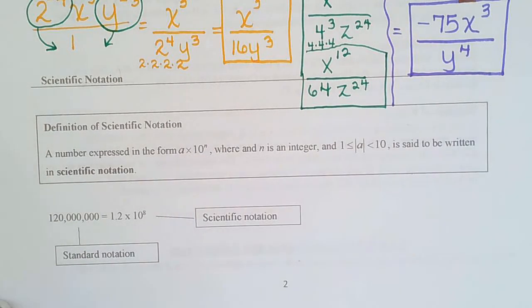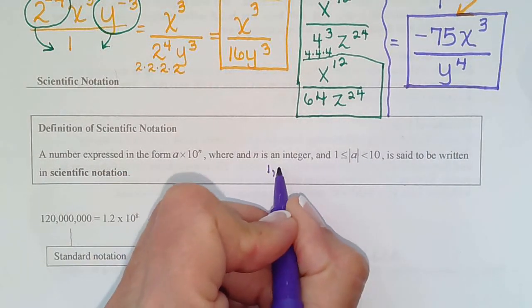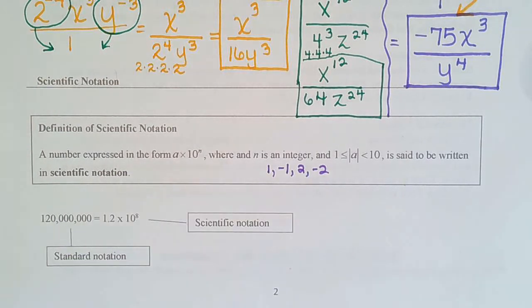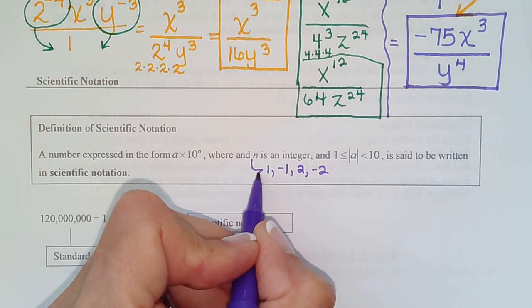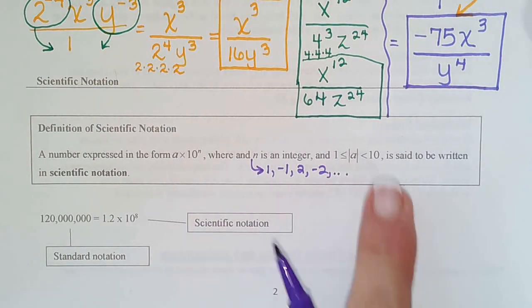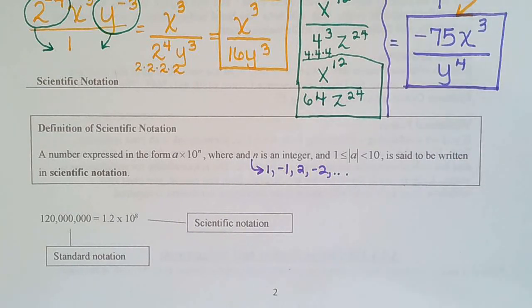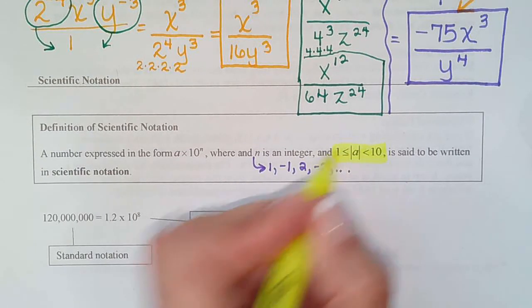And n must be an integer, which means positive 1, negative 1, positive 2, negative 2. So those are the kinds of numbers the exponents must be. That's n. And then a has to be between 1 and 10. That is huge, huge. So a has to be between 1 and 10.